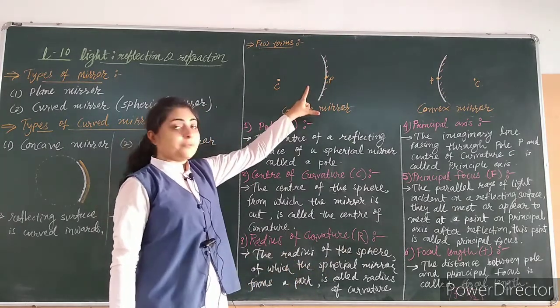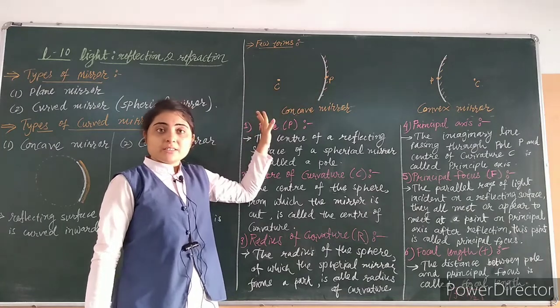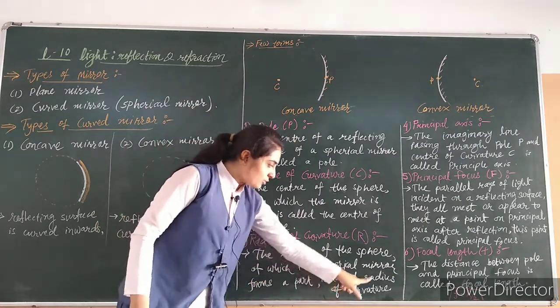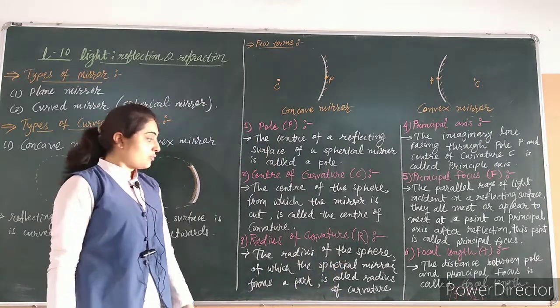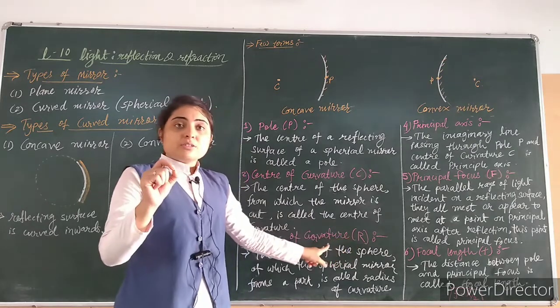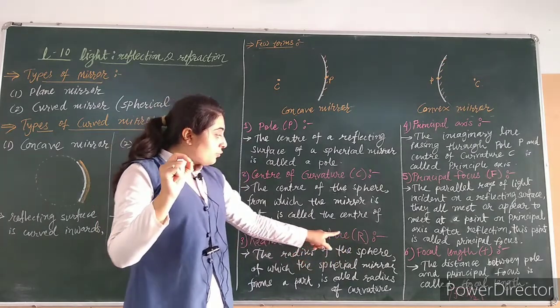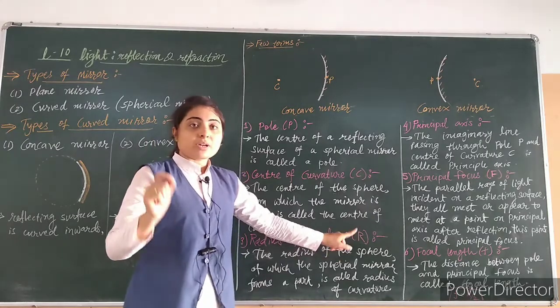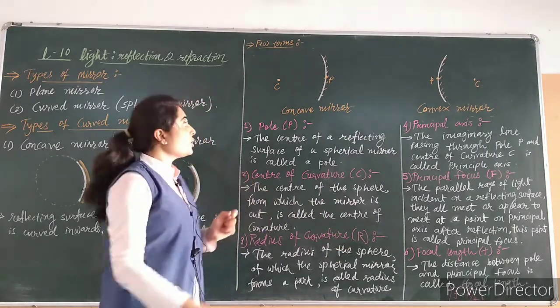The radius of that sphere is called the radius of curvature, which is denoted by capital R. These symbols are very particular. So capital R denotes the radius of curvature.